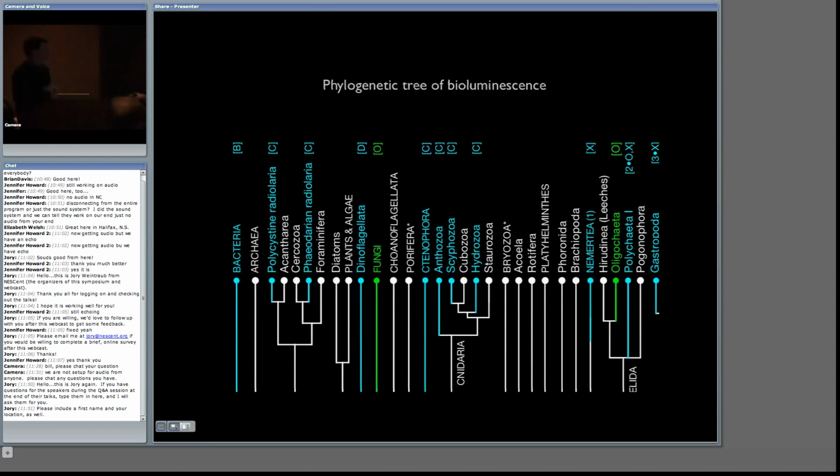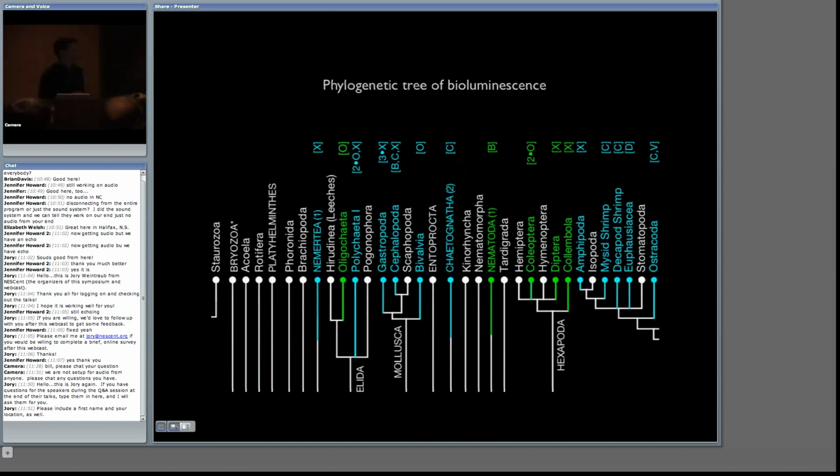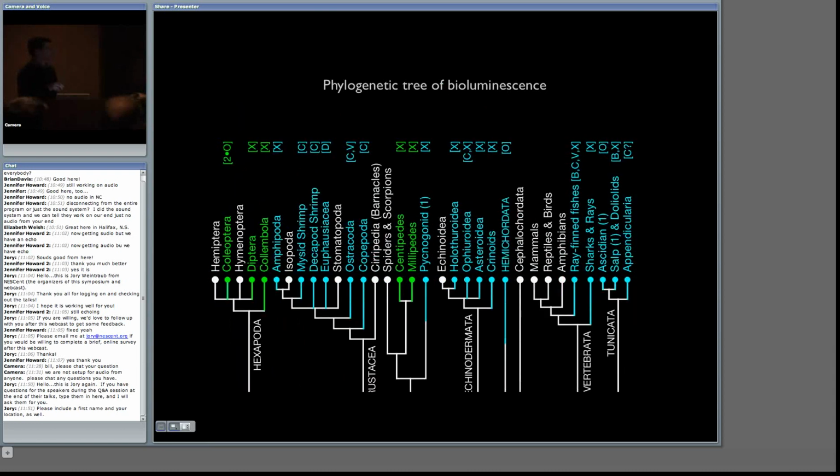So if we look in a little bit more detail, bacteria, amoeba-like radiolarians, dinoflagellates, the cnidarians that we're looking at, and then a bunch of worms can all be bioluminescent. Snails and mollusks like squid and even clams, and then all the crustaceans and copepods. Echinoderms, so sea cucumbers and things like that. No sea urchins that we know of are bioluminescent, but the rest of them have at least one member. And then sharks and fish and things like that.